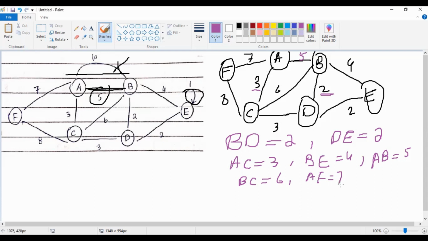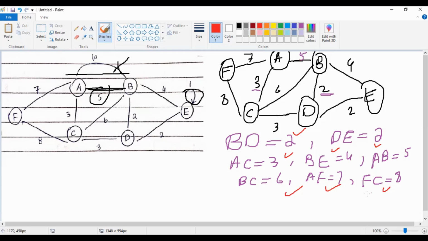Sorry, not 8. And we have one more left, that is F to C, which weight is 8. So here I have written all the edges according to their increasing order. See, first 2 will come, then 3, then 4, then 5, then 6, then 7, and then 8. So this is the increasing order I have written.